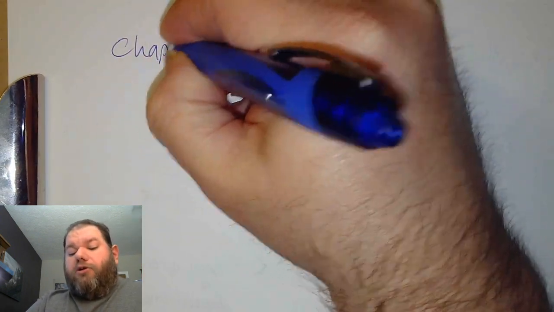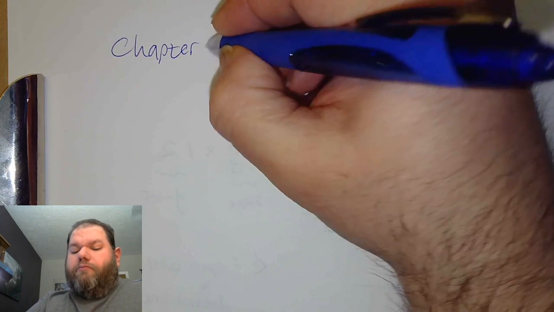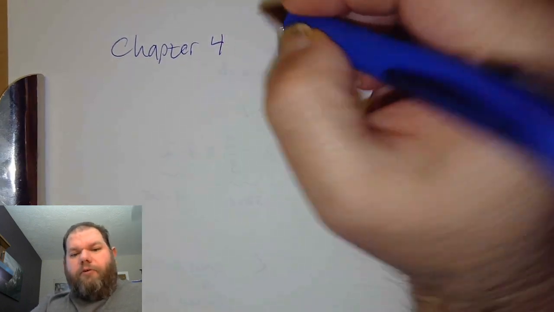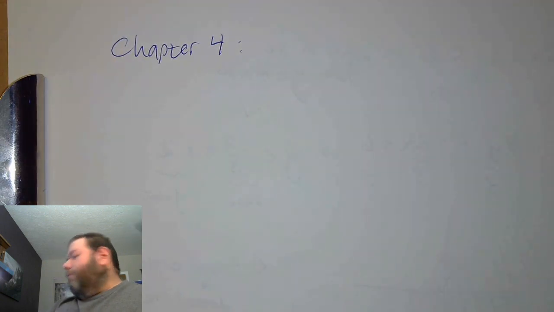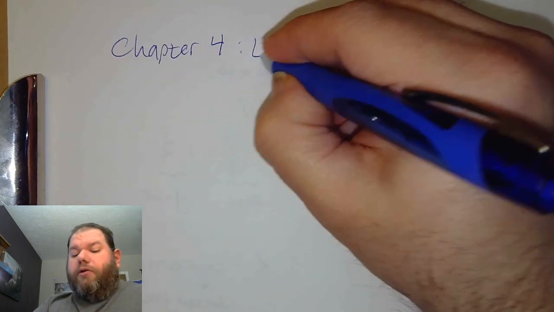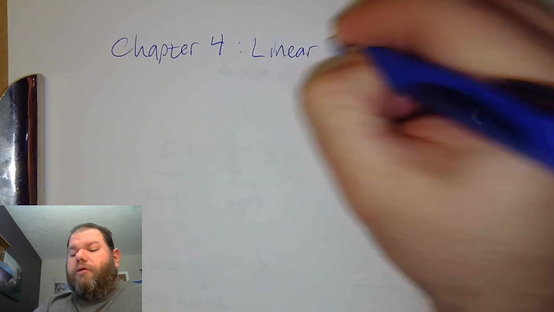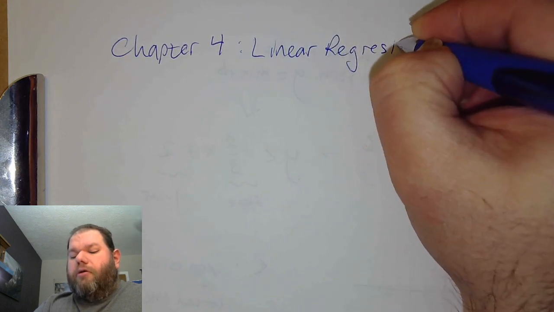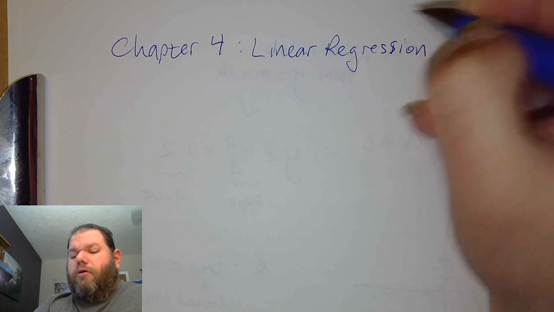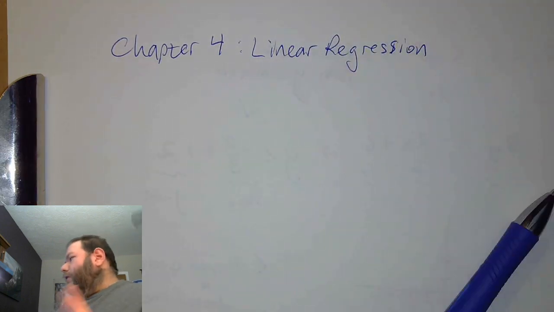Now our discussion in chapter 4 is going to be a little bit abbreviated. We're just going to hit the main points really. But chapter 4 is on linear regression. And also correlation.